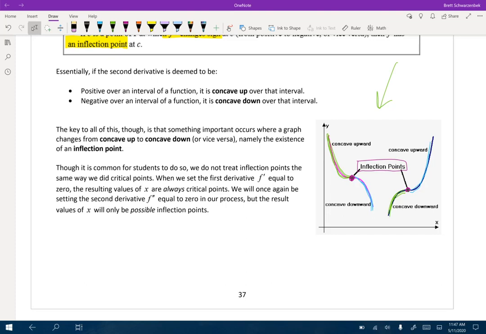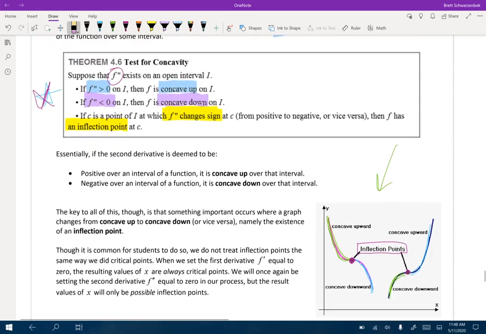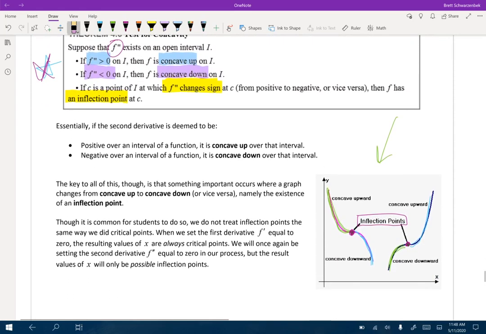Just remember that we're again looking for wherever the second derivative is equal to 0 or does not exist. But in most scenarios, we're going to stick to when the second derivative is equal to 0 in order to find where the concavity changes.